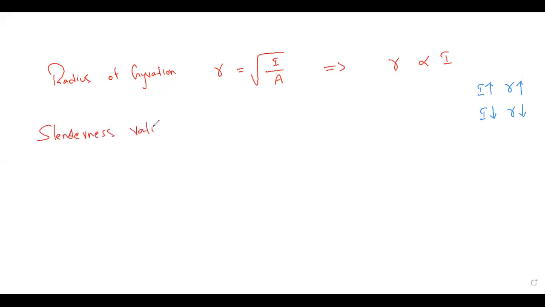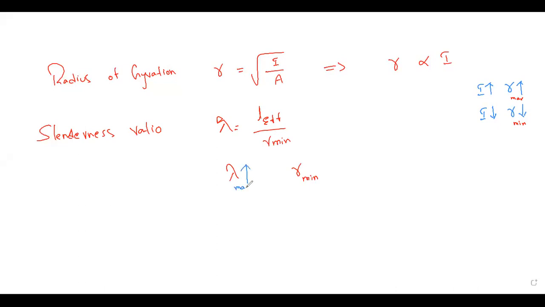slenderness ratio lambda. What is lambda? L effective by R minimum. Why am I taking minimum? Because minimum is nothing but the weakest axis. So when R is minimum, your lambda will be maximum.